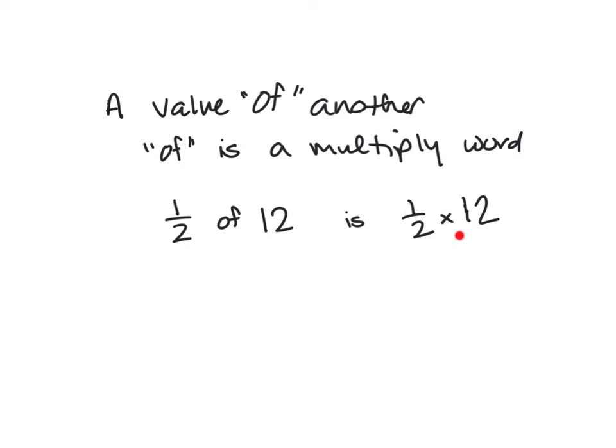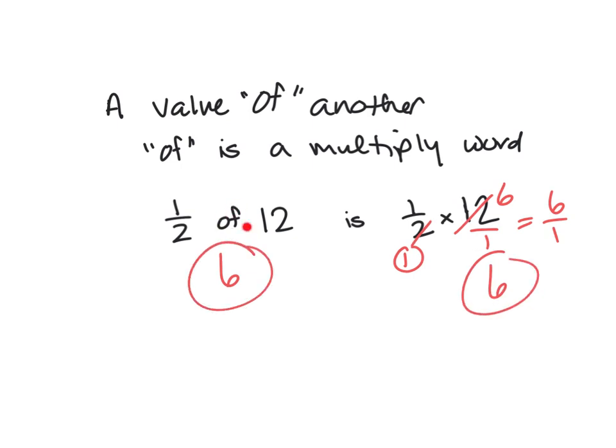If we were to do the calculation in your brain, you can think 1/2 of 12. If I have 12 candy bars and I only get to eat half of them, I get 6, right? If we multiplied those, we make them into fractions, cross reduce, multiply straight across. So when you see of, we are doing multiplication.